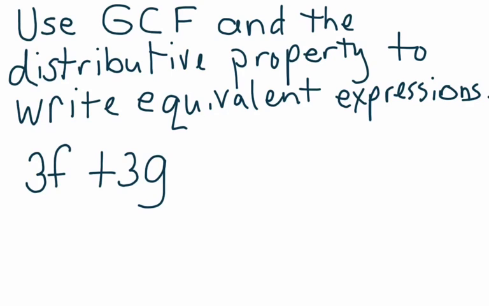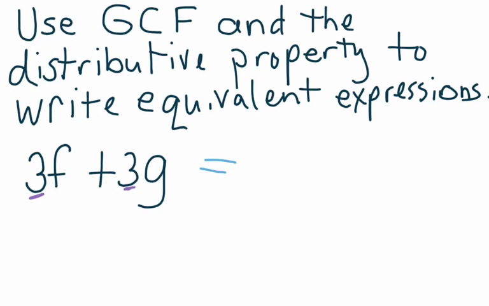We have used the greatest common factor and the distributive property to write equivalent expressions. So the first one that I have here, the first example, is I have 3F plus 3G equals what? So again, we are going to look for the common factor here. The common factor is going to be 3.